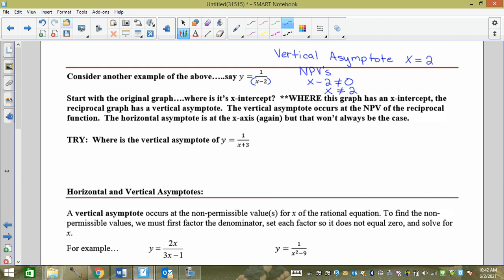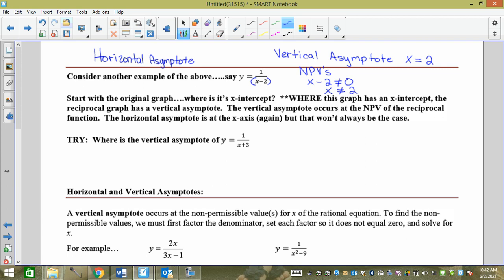Okay? Now what's my rule for horizontal asymptotes? If my numerator is a number and my denominator contains a variable, it's going to be at y equals what? 0.